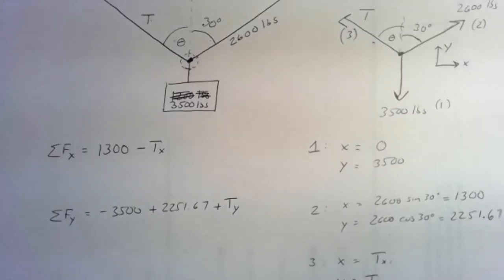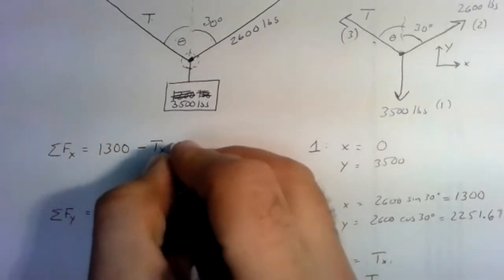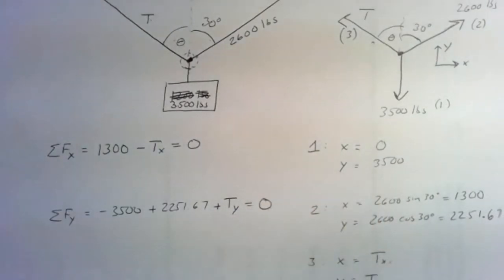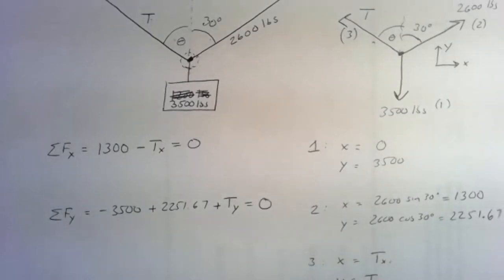Now, if this system is in equilibrium, then both of these sums must be 0. That gives us two equations that we can solve. So let's solve the first one because that's kind of the easiest one to do.